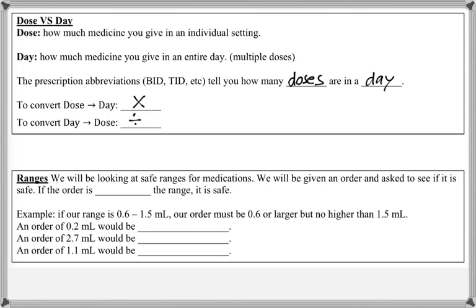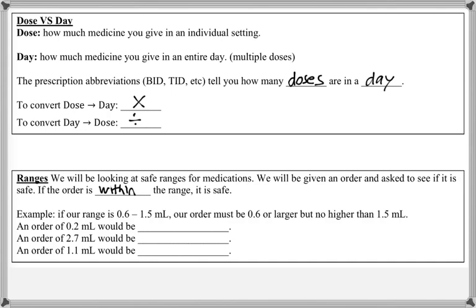So next up, we're looking at ranges, and we're going to be looking at safe ranges for medications, and we will be given an order and asked to see if it is safe. If the order is within the range, then it is safe.